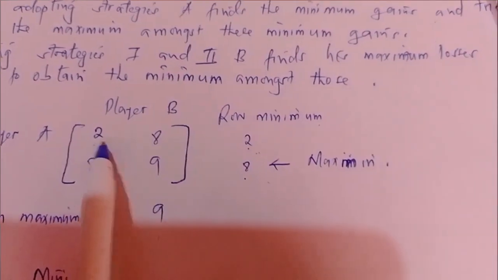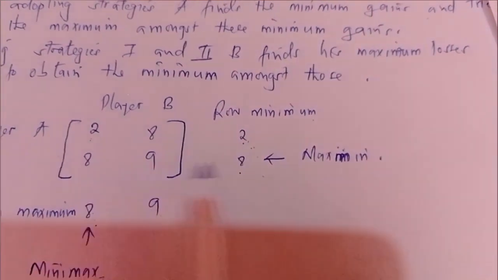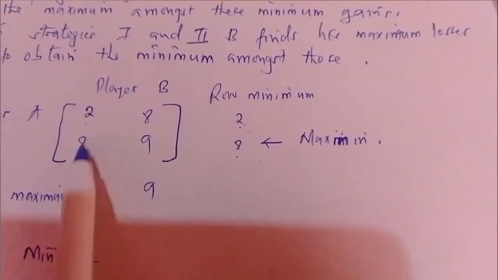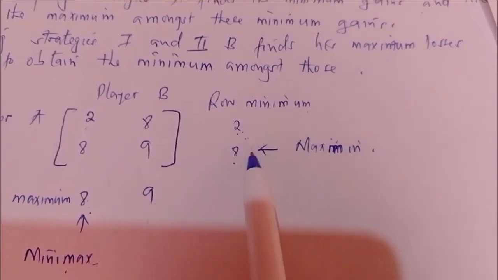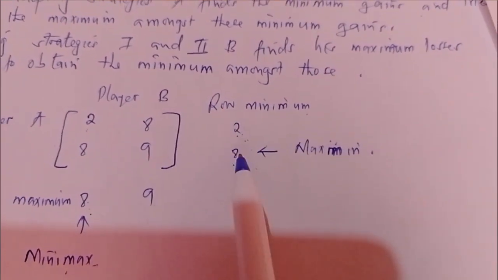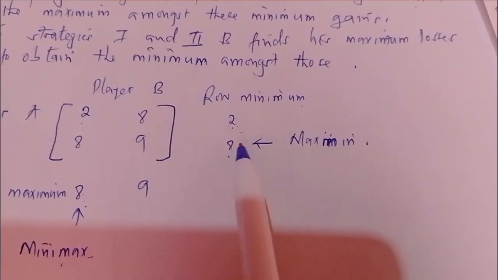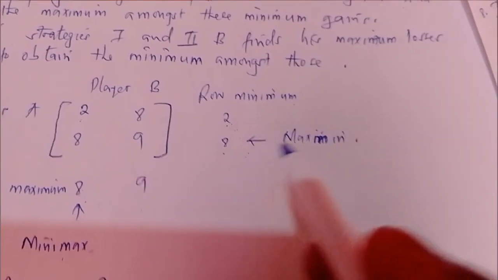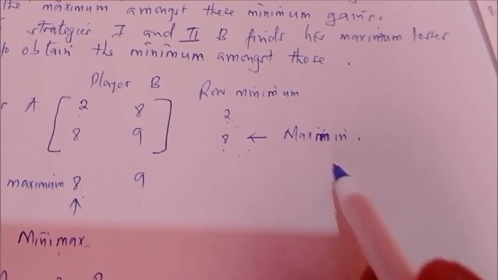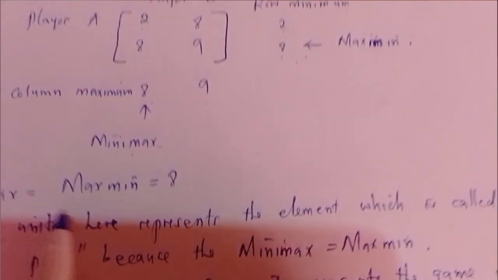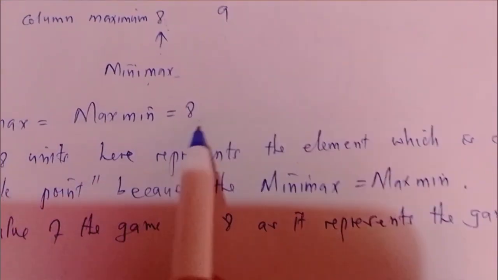The row minimum of the first row is 2, and of the second row it is 8. So the maximum from the minimums is 8, and 8 becomes the maximin. So minimax is equal to maximin. As you can see, this is the minimax and this is the maximin: 8, 8. So minimax equals maximin equals 8.